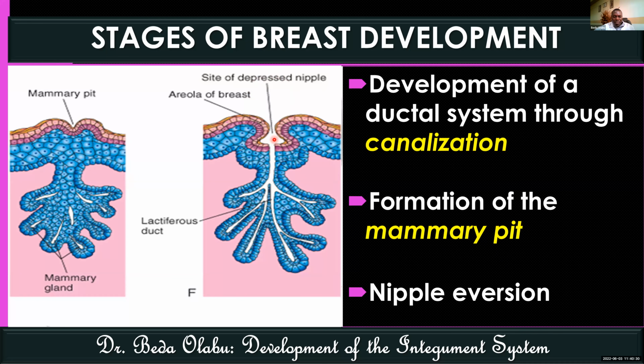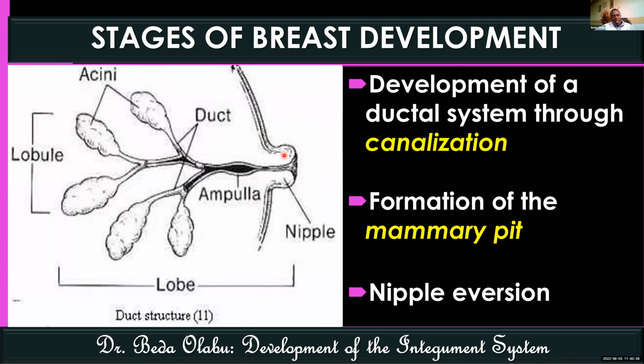But right now, the nipple is inverted. You must have a stage of nipple eversion. And that shows you now a nipple that has everted, canalization has occurred, and we have lobulations as well.